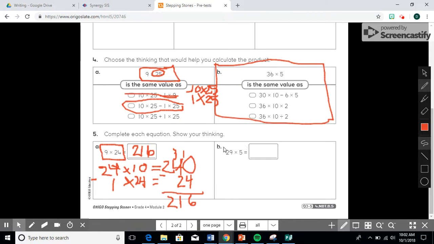Over here, we can use one of 2 strategies. We can do the same one that we did on A and bump it up to 30 times 5, and then take away one row of 5. Or we can do 29 times 10 equals 290.